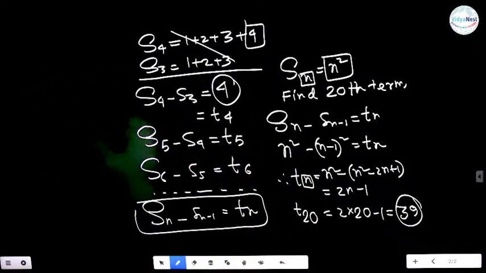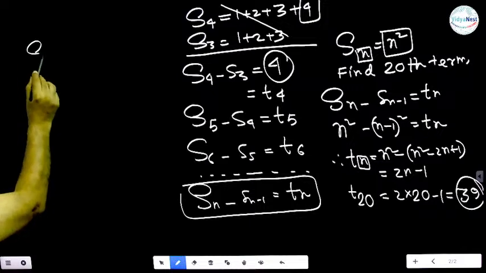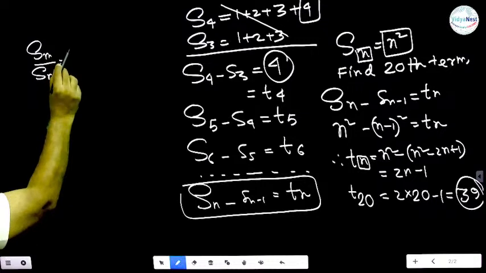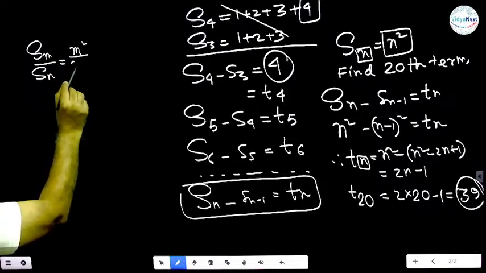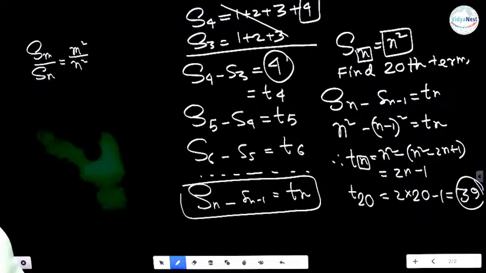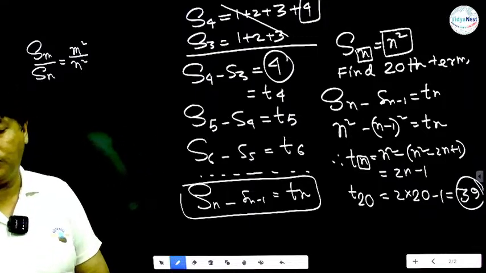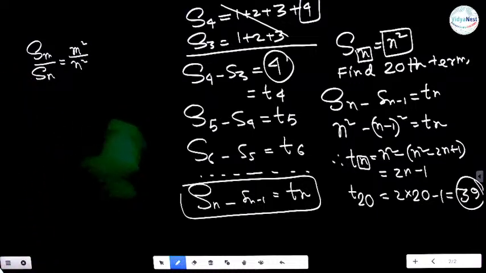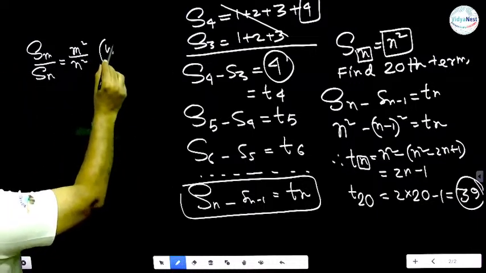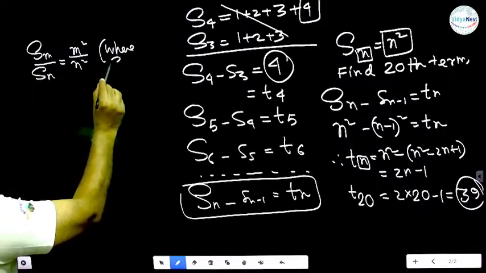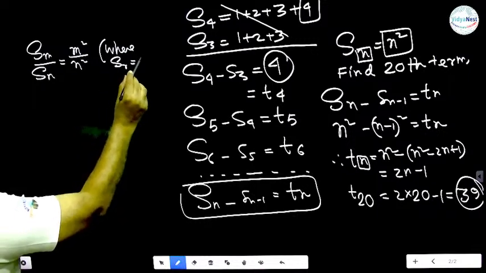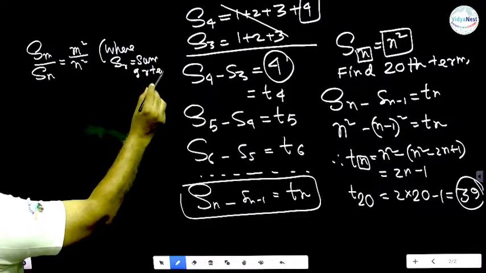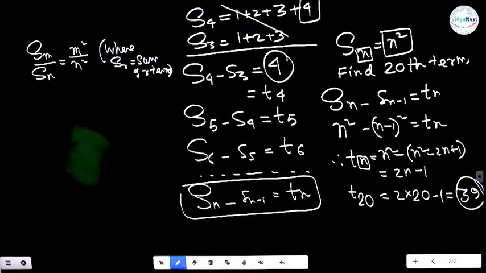Okay. Now, suppose Sm by Sn is m square by n square. Very nominal level sum, but the persuasion of a chapter must be started at a simple level. That is given, where Sr means sum of r terms.